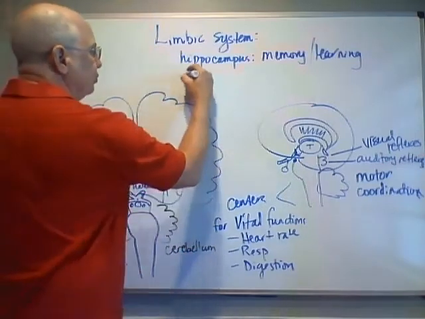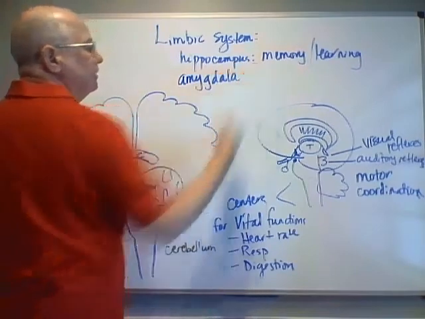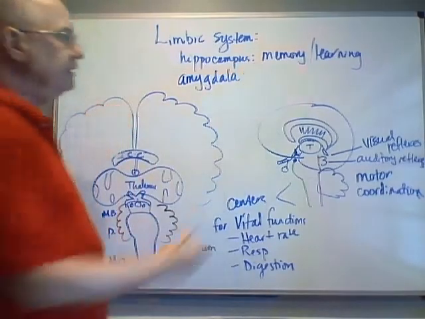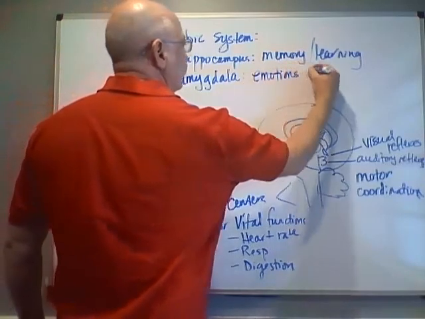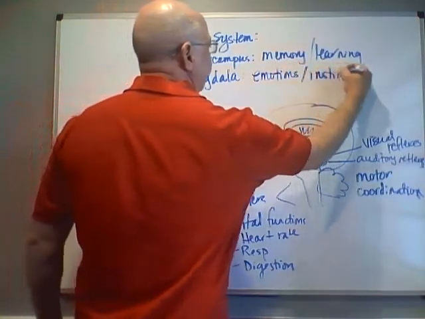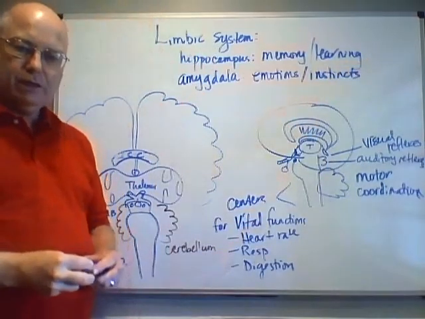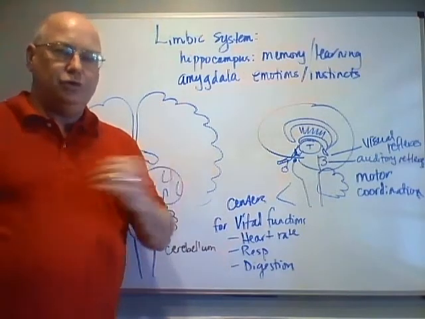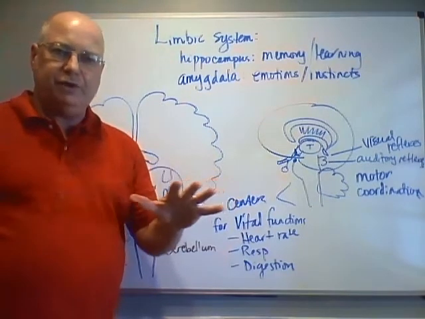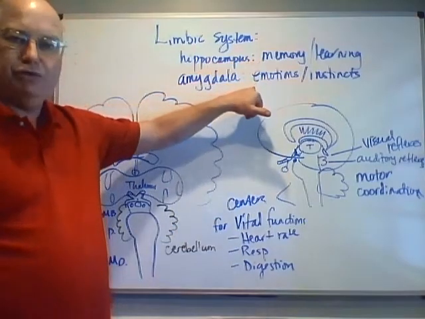And there's another structure called the amygdala. You may have heard of this if you take some psychology courses. The amygdala has a lot of emotions and instinctive type behaviors associated with it. So if I ask you to recall your worst event in your life, the worst day of your life, you're not only going to have a memory, you're going to have an emotional reaction to it.